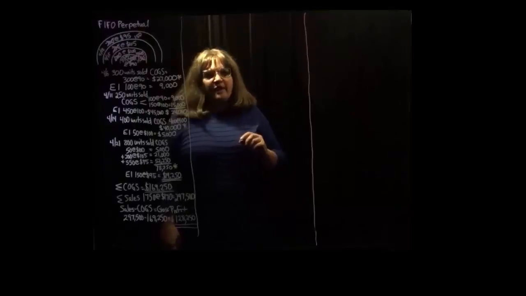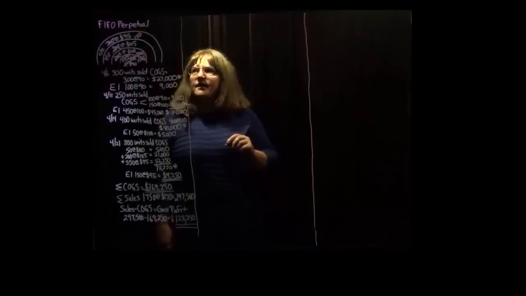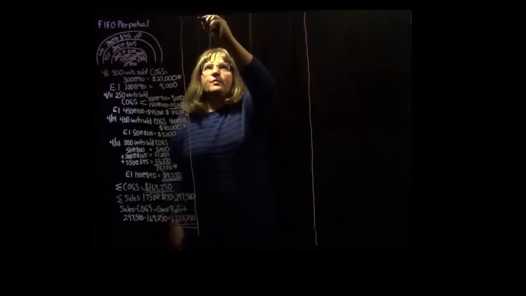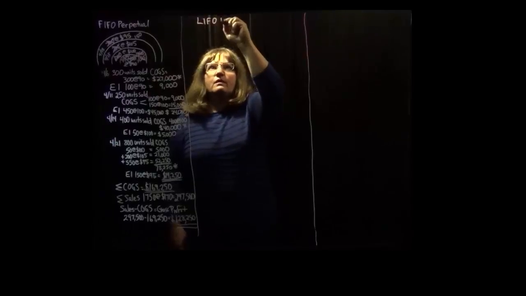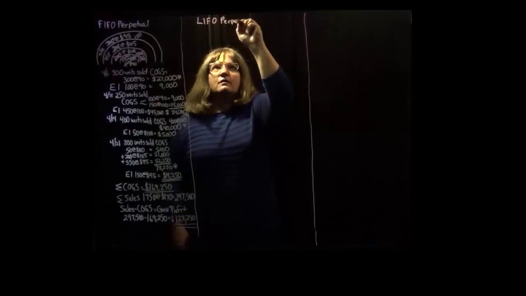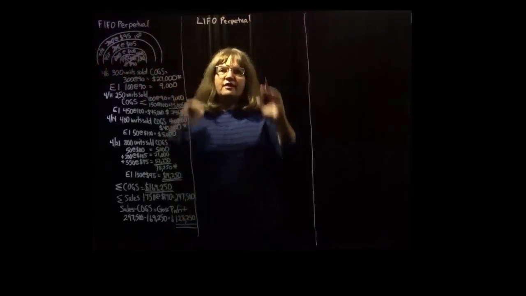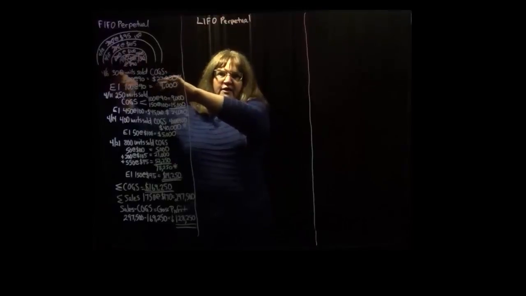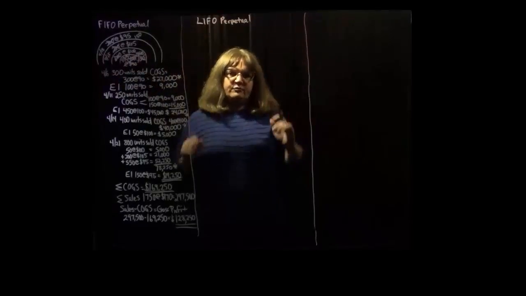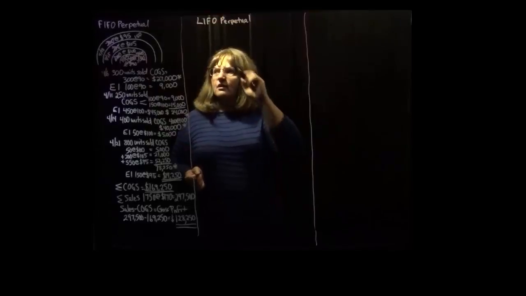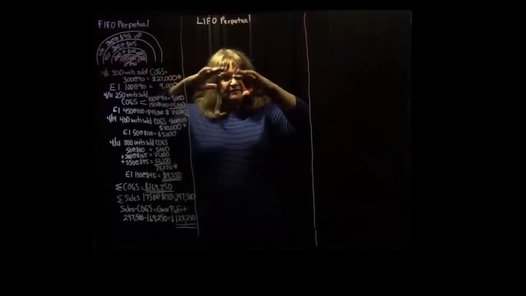Next we're going to use the LIFO perpetual method. And again, we'll start with a graphic at the top. The difference between the FIFO perpetual and the LIFO perpetual is that in the FIFO we sold from the bottom of the pile. In the LIFO we're going to sell from the top of the pile, because we say the last in is the first out.